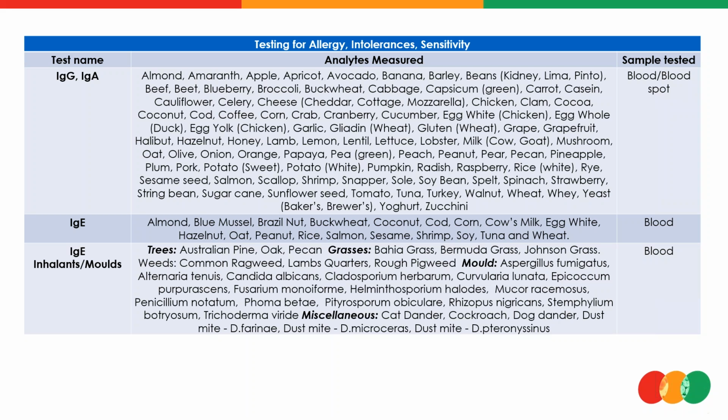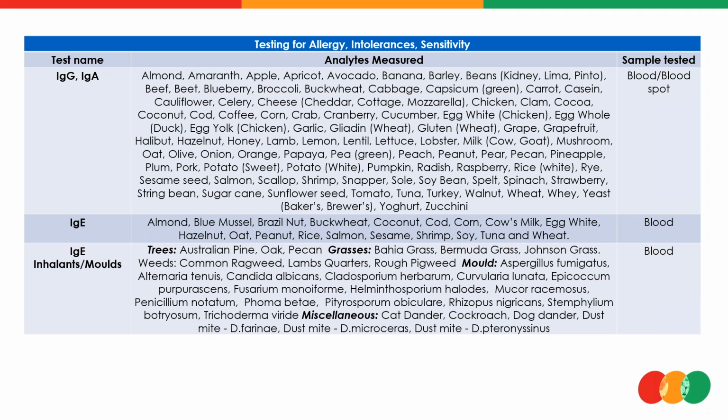IgE testing involves looking at about 19 of the most prevalent foods that can contribute to an allergic reaction. Now, for most allergies, for example in an asthma patient or an eczema patient, one might need to identify the underlying triggers. Is there an allergic response or an intolerance or a sensitivity to various inhalants?